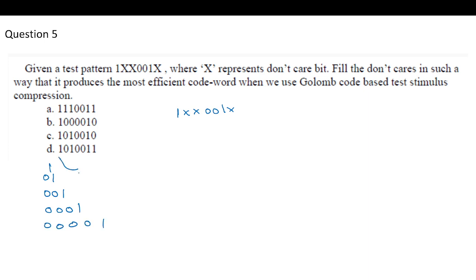So this is how we wanted the patterns. So the best coding scheme to fill these patterns will be to fill with zeros. So now what we will have is 1, 1, 2, 3, 4, 0, 1, and the next one will be the 0.